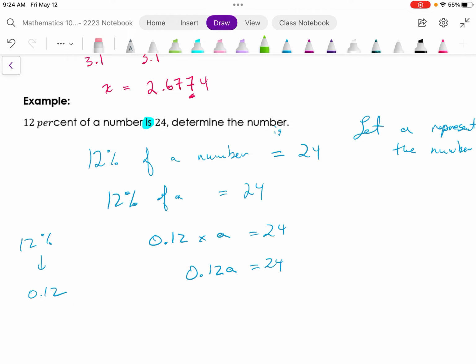By the way, it's implied that it's multiplying these two things together, and it's easier once I do that because I can just rewrite this as 0.12A is equal to 24, and now I'm just going to divide both sides by 0.12.